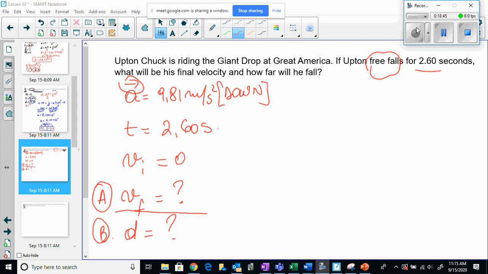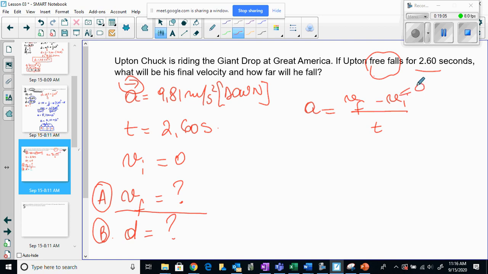Great. So we will use the acceleration formula: a equals v final minus v initial over time. And as I said, since everything is going in one direction, we don't worry about adding the vector sign.